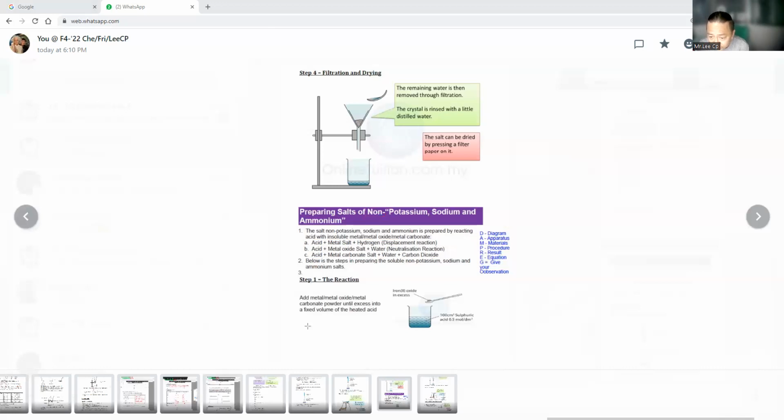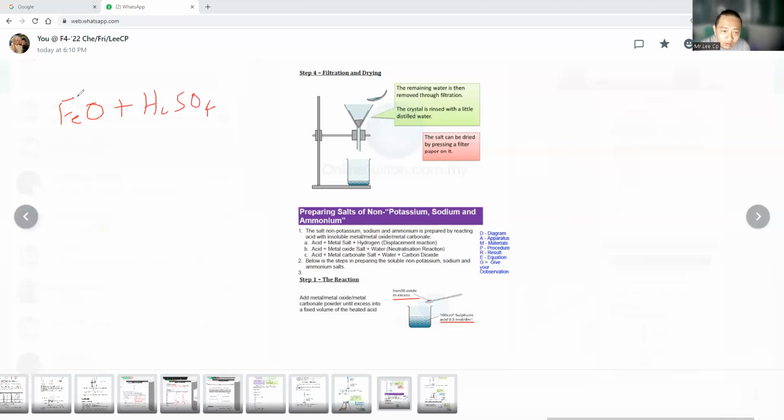So for the reaction, you add some metal or metal oxide or metal carbonate powder in excess into the acid and heat it up. Right? For example, you have sulfuric acid, H2SO4, and then you add in iron oxide. Iron(II) oxide, FeO, plus sulfuric acid.